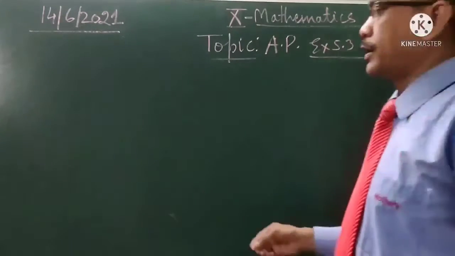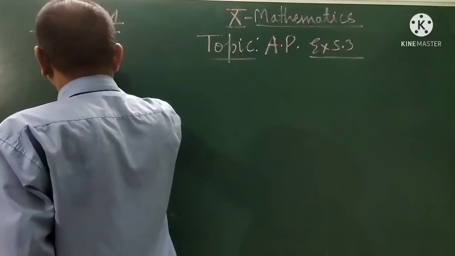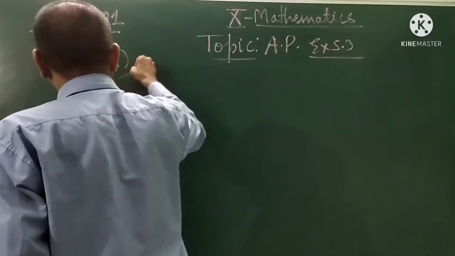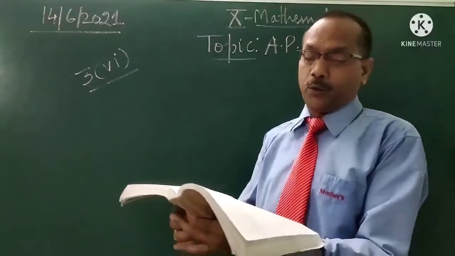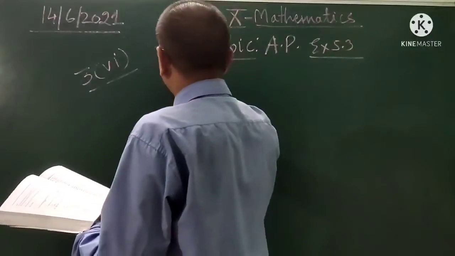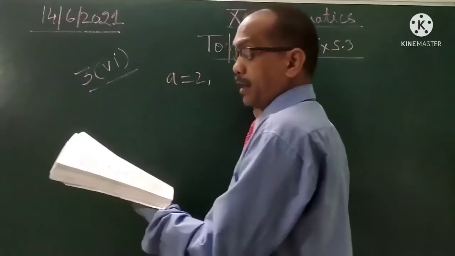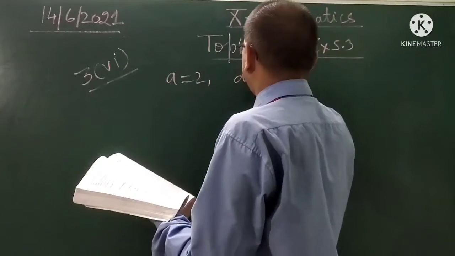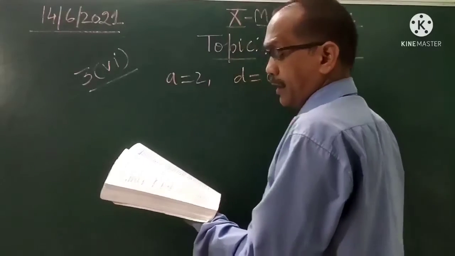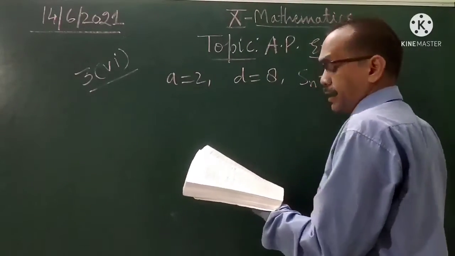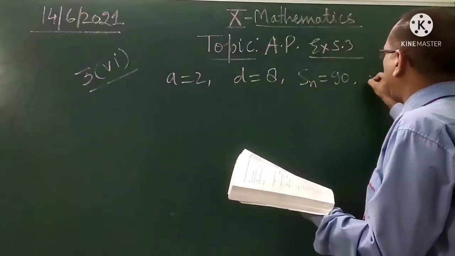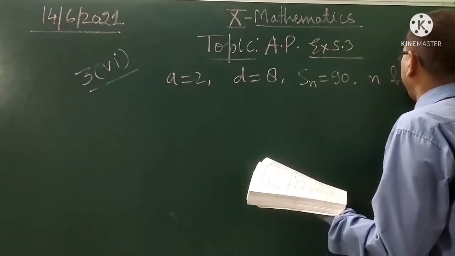Student, now question number 3, 6th part. Here A equal to 2, D equal to 8, Sn equal to 90, find N and An.